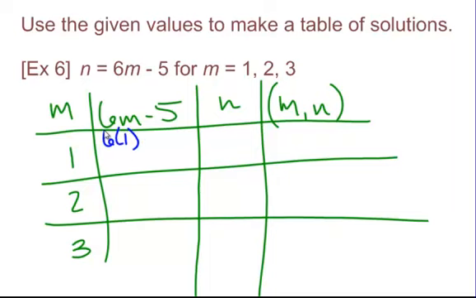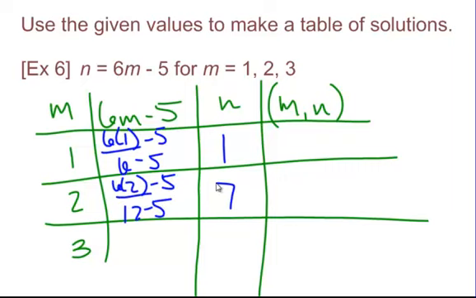So that's 6 times 1 minus 5, so that'd be 6 minus 5, which is 1. Here, this is 6 times 2 minus 5, so that's 12 minus 5, which is 7. This is m is 3, so 6 times 3 minus 5, so 6 times 3 is 18, minus 5 is 13.